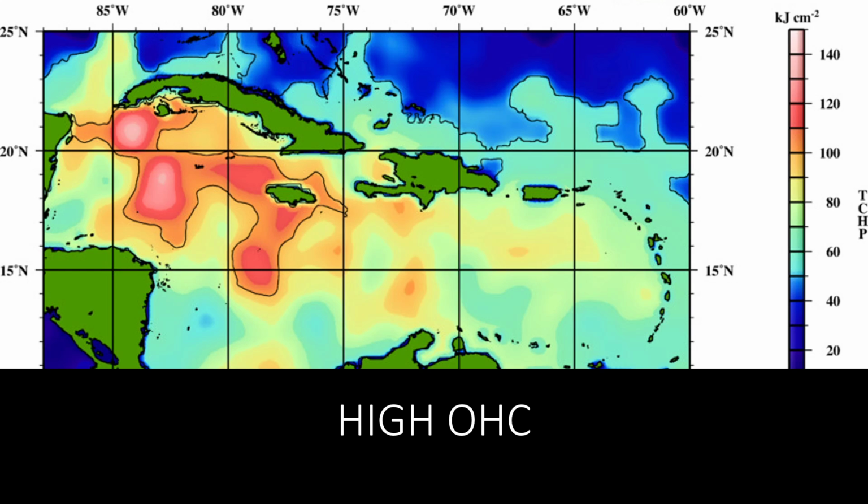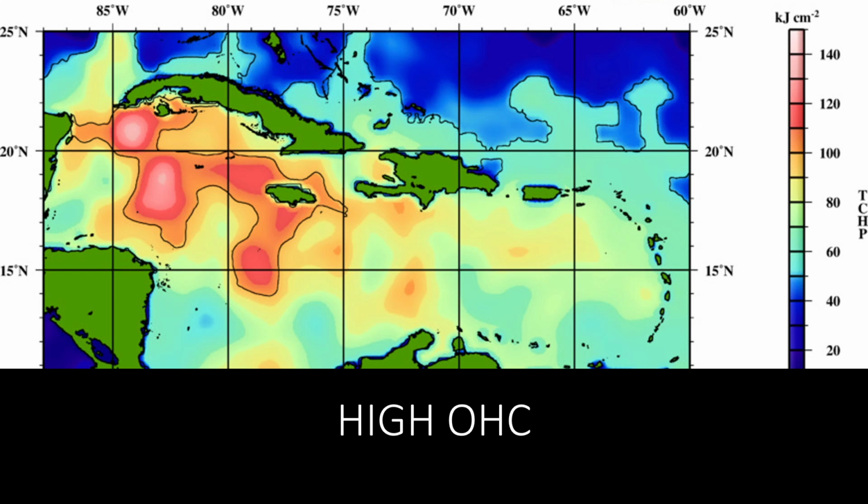So what's happening is as a hurricane comes along through here, let's say it's a powerful Category 5. What that's going to do is it's going to try to upwell cooler water. However, with these very warm upper ocean heat content values that are deep at depth, what you end up having is a storm that only continues to churn up this water.